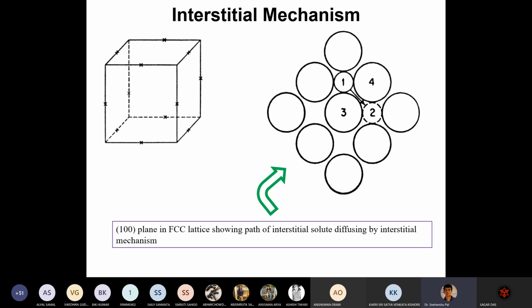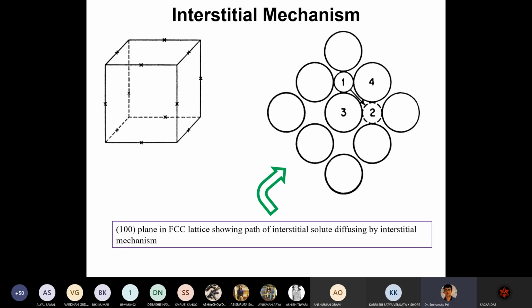It is this dilation or distortion which constitutes the barrier to an interstitial atom changing site. The basic problem in calculating the jump frequency is determining how often this barrier can be surmounted. This is an important thing.